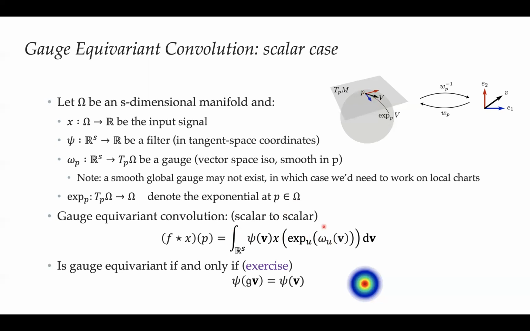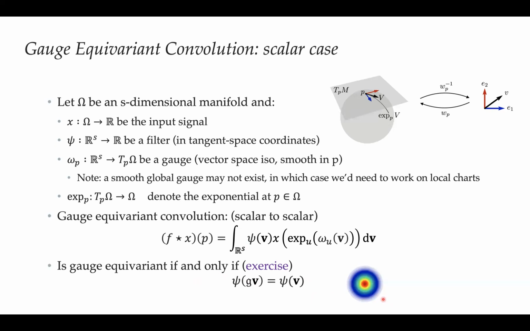Right, so that's how we can define this convolution, and one can show that it is gauge equivariant with respect to the trivial representation that we have for scalars, if and only if the kernel satisfies this constraint. For every g, every rotation in this case, applied to our coordinate vector, the value of the filter doesn't change, i.e. it's rotationally symmetric.